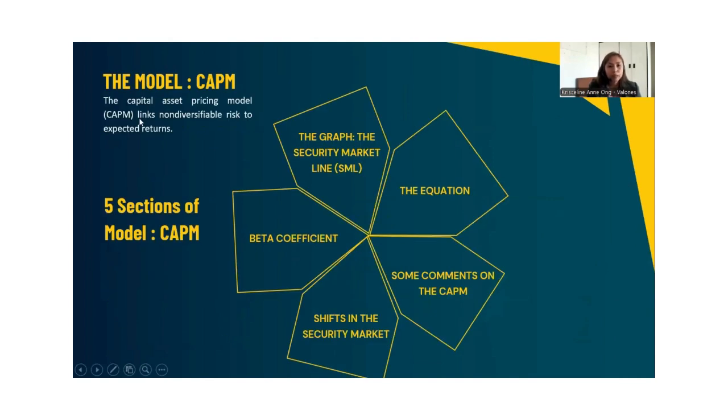The capital asset pricing model links non-diversifiable risk to expected returns. The five sections of this model are the beta coefficient, the graph (security market line), the equation, some comments on the CAPM, and shifts in the security market line.